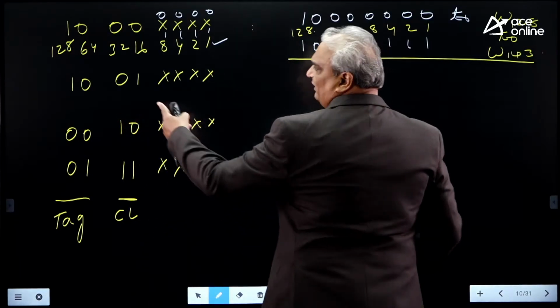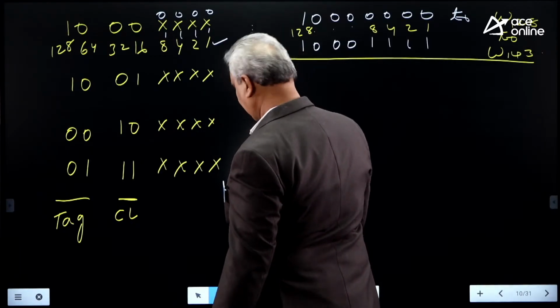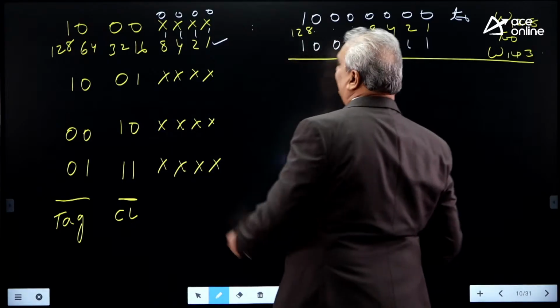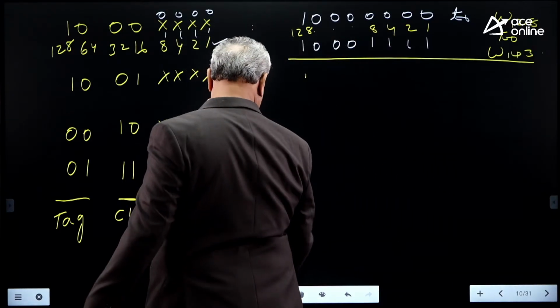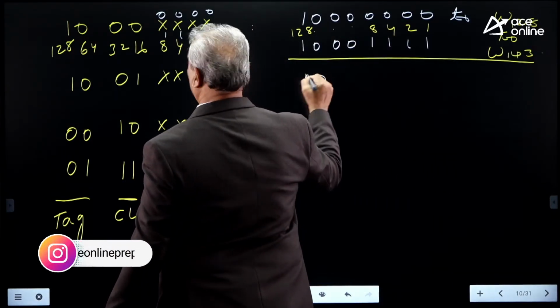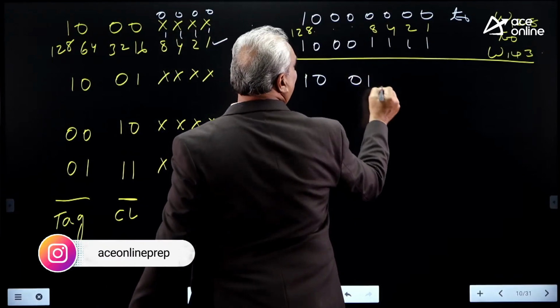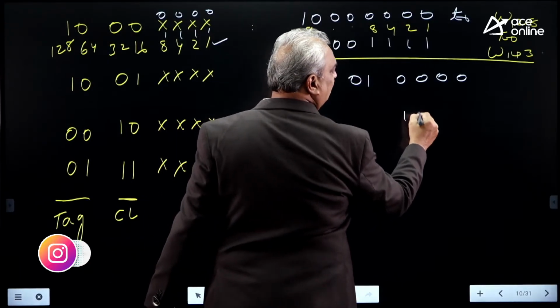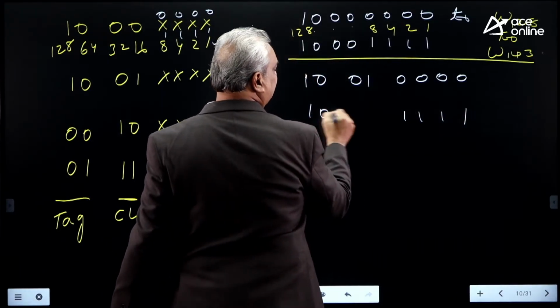128 plus 15, 143. These words are available. Later, what about the next one? Come here. 10, 10, 01. Again 4 don't cares, means 4 zeros to 4 ones. It is fixed.